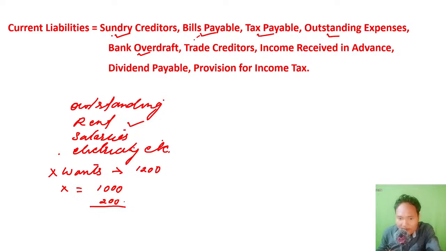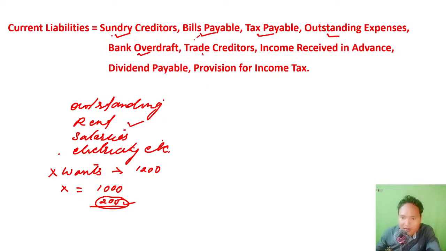In that case, if Mr. X has a current account and good dealings with the bank and the transactions are quite satisfactory, the bank may allow 200 extra for Mr. X. That 200 will be considered a bank overdraft. We need to remember that the interest on bank overdraft is very, very high.